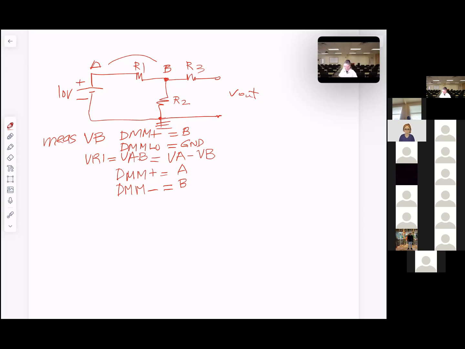That means you have to know how to use the equipment to measure it. Okay. So now I want to calculate the VB.